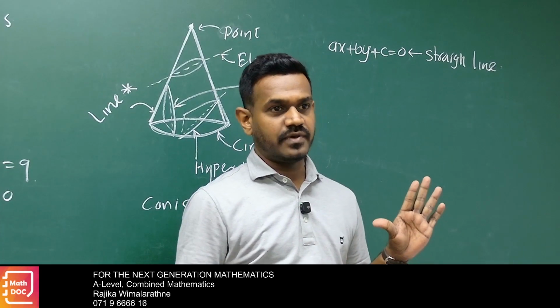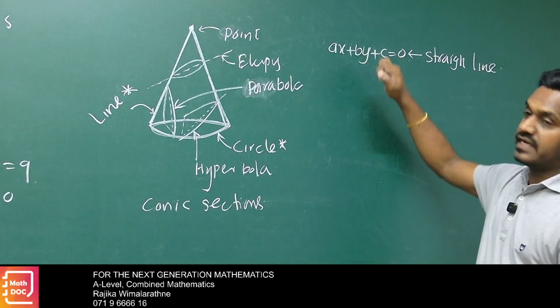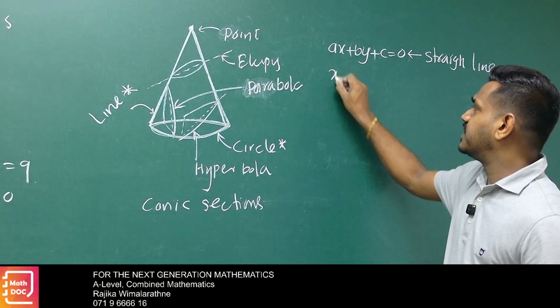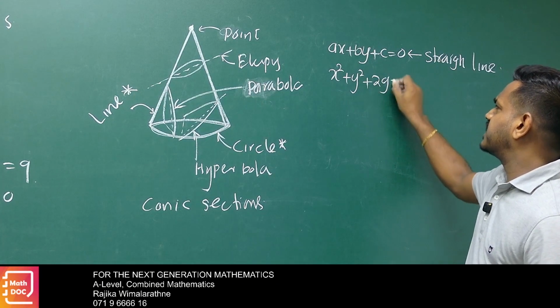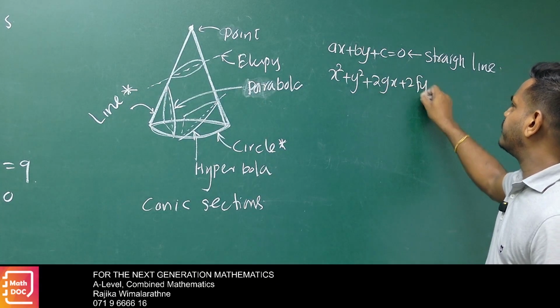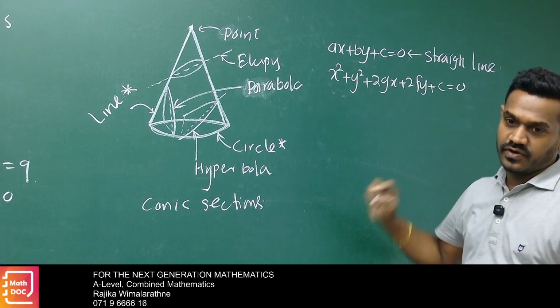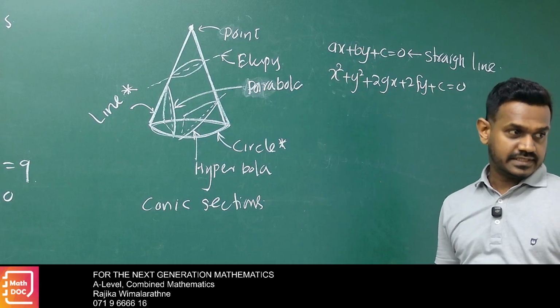We have only x to the power 1, y to the power 1 relation, no xy term. We call that a straight line. Then equation like x squared plus y squared plus 2gx plus 2fy plus c equals 0. Here x to the power 2, y to the power 2, coefficient same, no xy term. Coefficient same. We call it a circle.